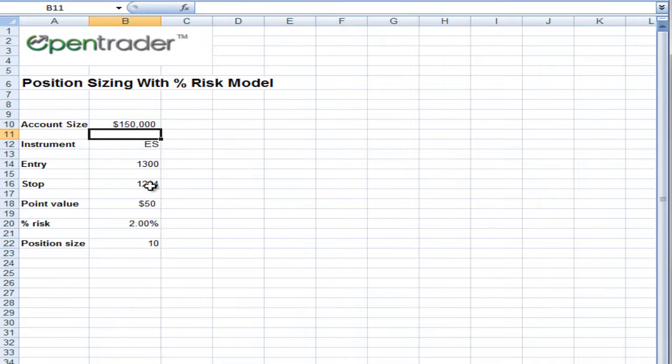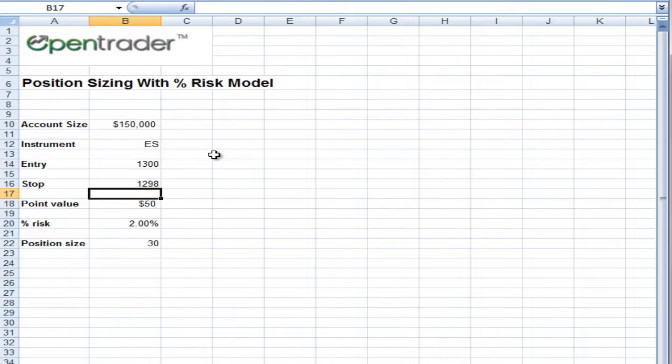Even if it's a 2-point stop loss, we take it back to 2 points now, 12.98, you see that the position size becomes 30, right? Why? Because a 2-point stop loss is only $100, and you need 30 contracts to get a $3,000 loss or $3,000 risk.